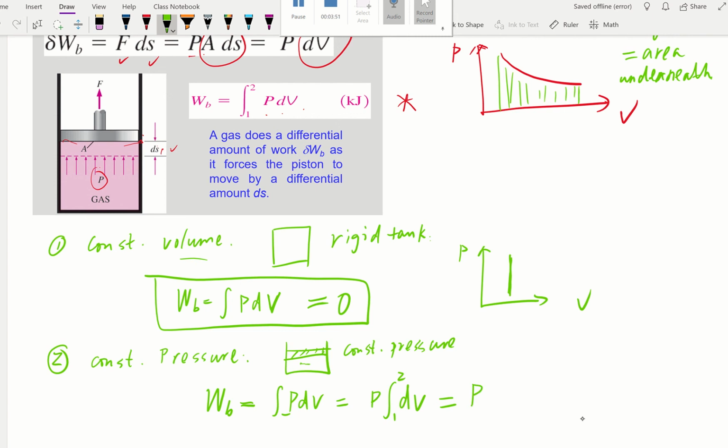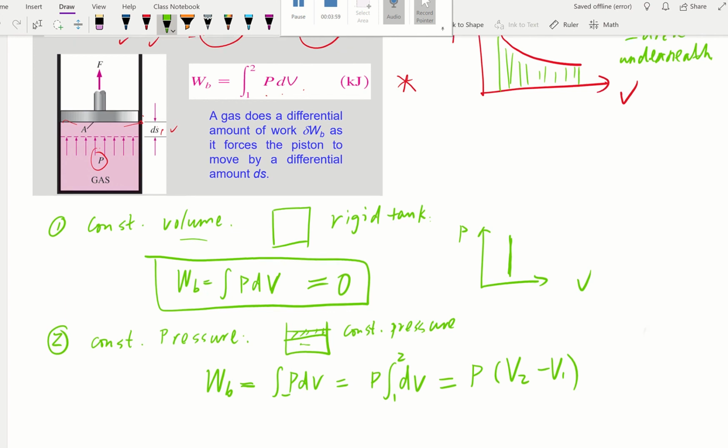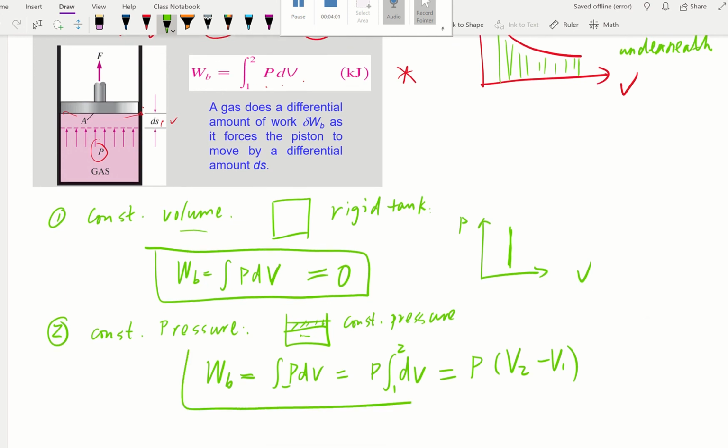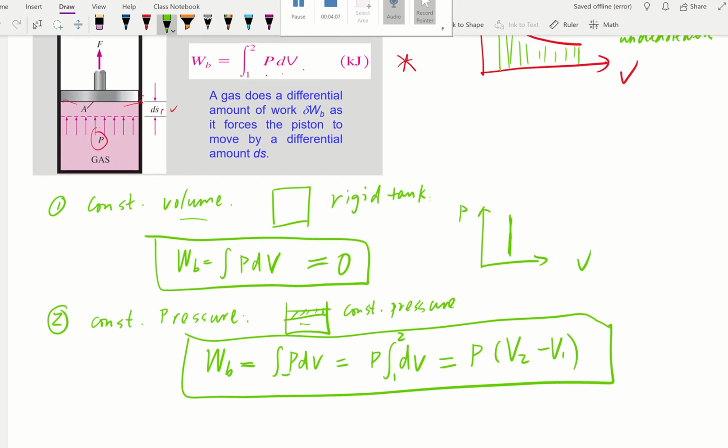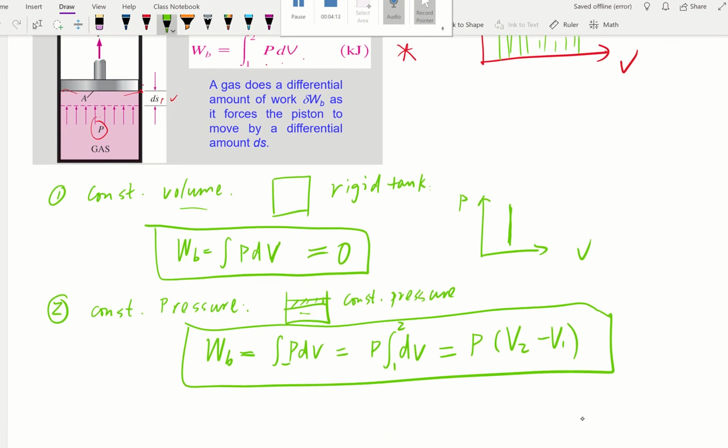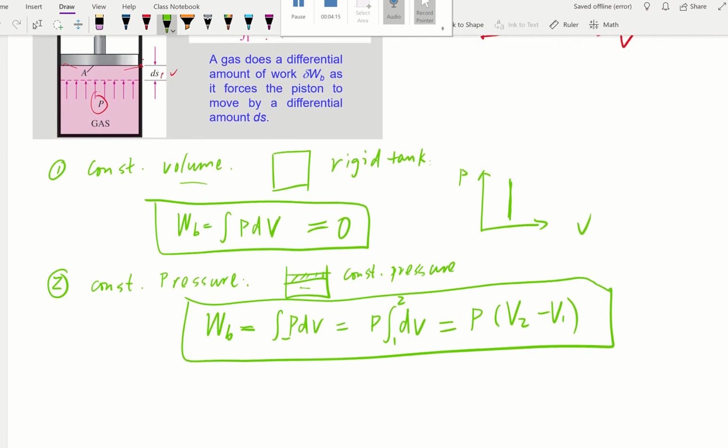The integral of dV gives V, so we get V2 minus V1 after integration. That's the boundary work for constant pressure. So with different scenarios, you get different boundary work. For constant pressure, it's P times (V2 minus V1).